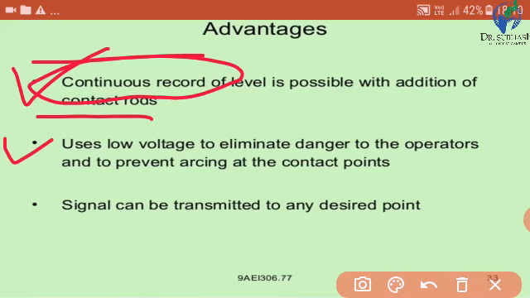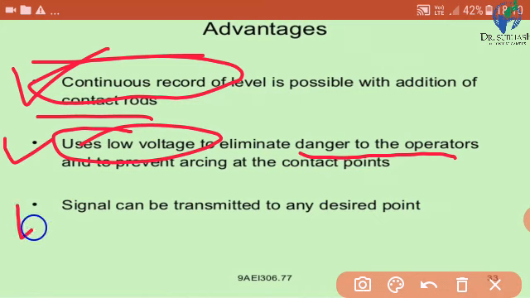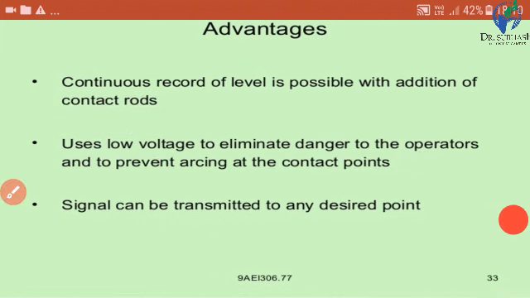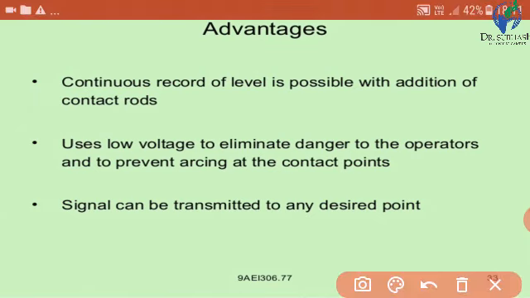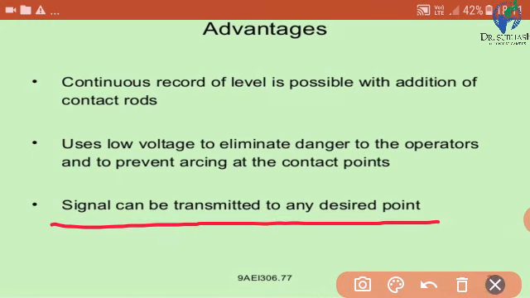So here low voltage is used so that there is no issue of danger to the operators. So this is an advantage. Another one is signal can be transmitted to any desired point. See, output signal is in terms of voltage. So voltage can be easily transmitted through wires to any desired points.